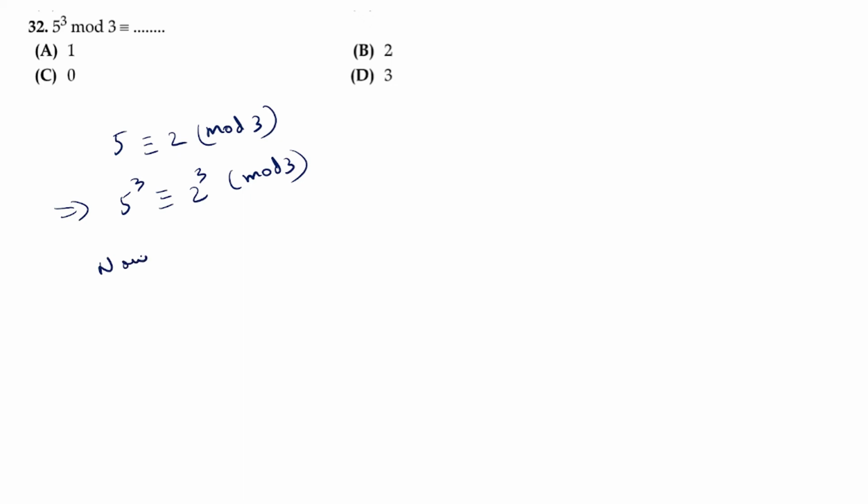Now 2 cube mod 3 is nothing but it is 8 mod 3. Now when we divide 8 by 3 we get the remainder as 2. So 5 cube mod 3 is 2. So the correct option is option B.